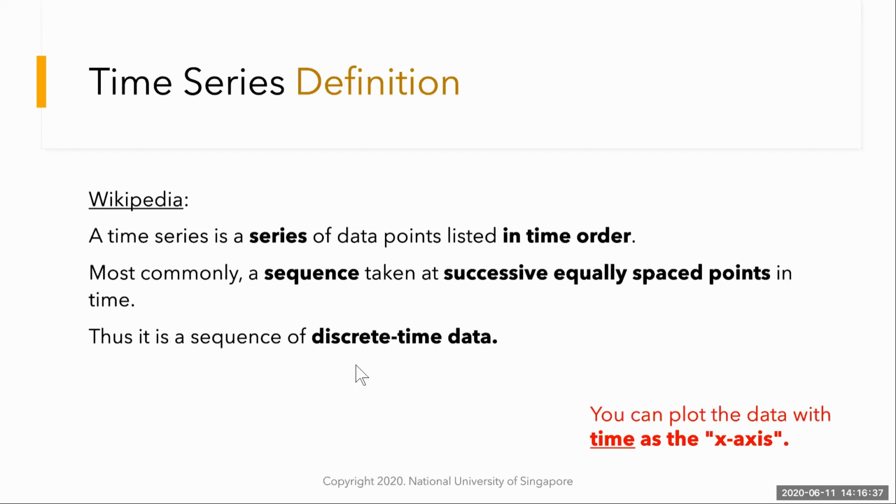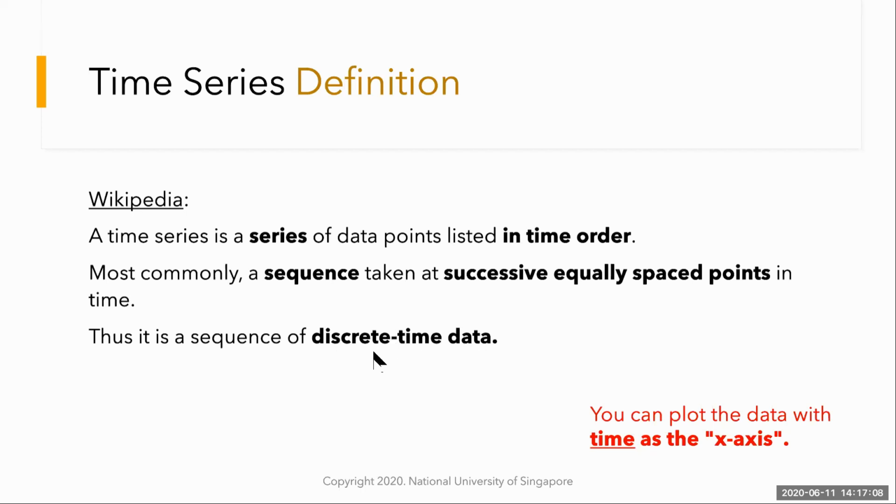And then it's a sequence of discrete time data. The word discrete here is confusing. It doesn't mean that the data is discrete. The data can be continuous, like your weather forecast, your temperature is a continuous number, right? It's some decimal point. If I take my temperature twice a day, I get, today is 37.2, so it has a decimal point. Discrete modifies the time.